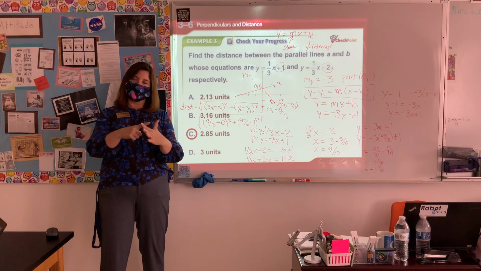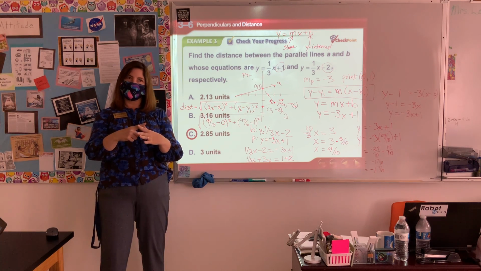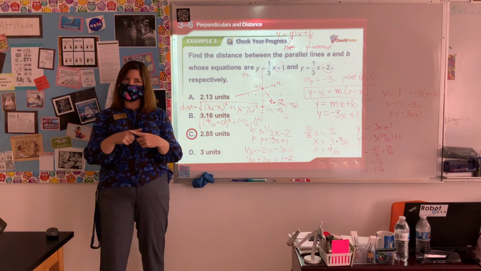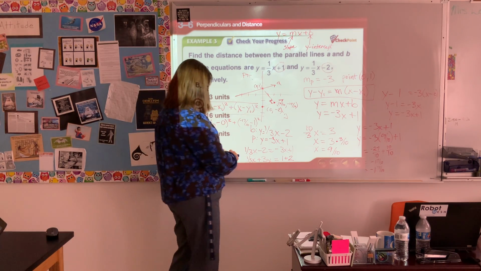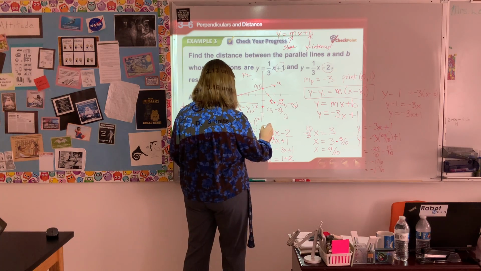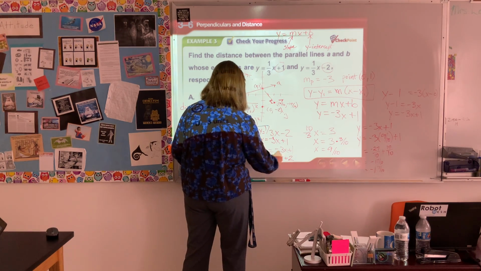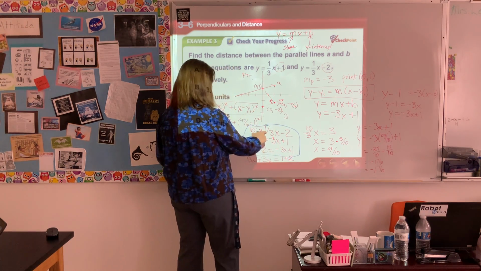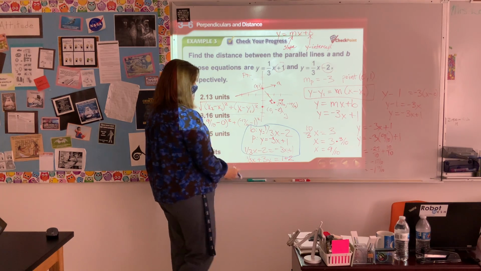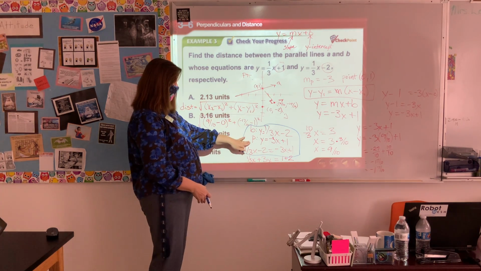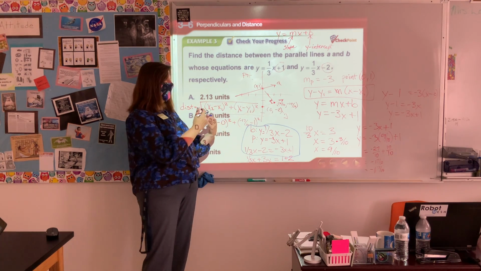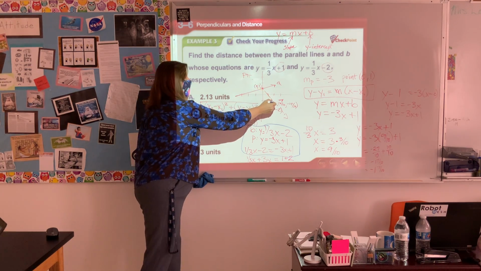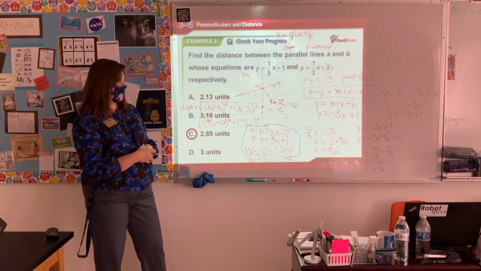In order to find where these lines cross, I need to have a system of equations. This right here is my system of equations where I set these equal to one another so that I can solve for x and solve for y to find that point where they meet with each other.